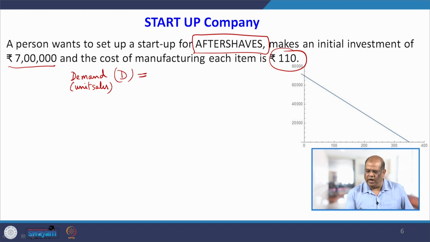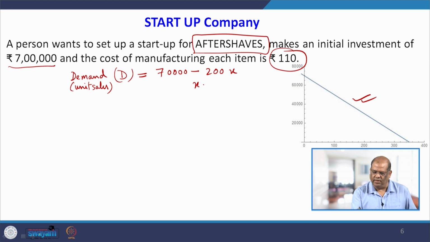And this function is 70,000 minus 200x, which is this line. So, with some data he got this plot and he believes that its demand will depend on this function, and x is the price.